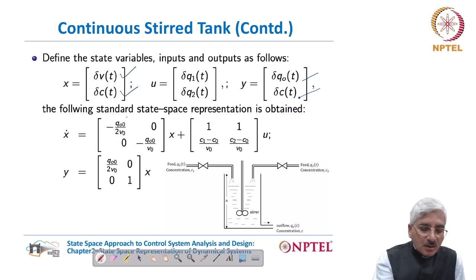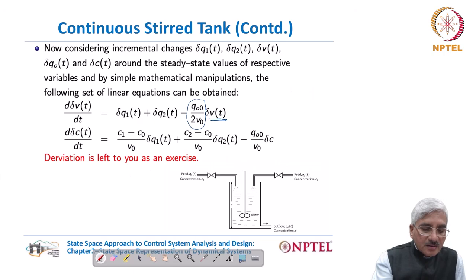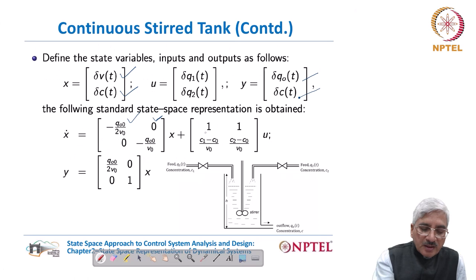So this into x1 is coming here, and it is not depending on the other state, so that is why we have a coefficient 0 here. And the two feed rates, delta Q1 and delta Q2, are each multiplied with 1, so 1 times delta Q1 plus 1 times delta Q2. So we have in the input matrix a 1 here as well as a 1.